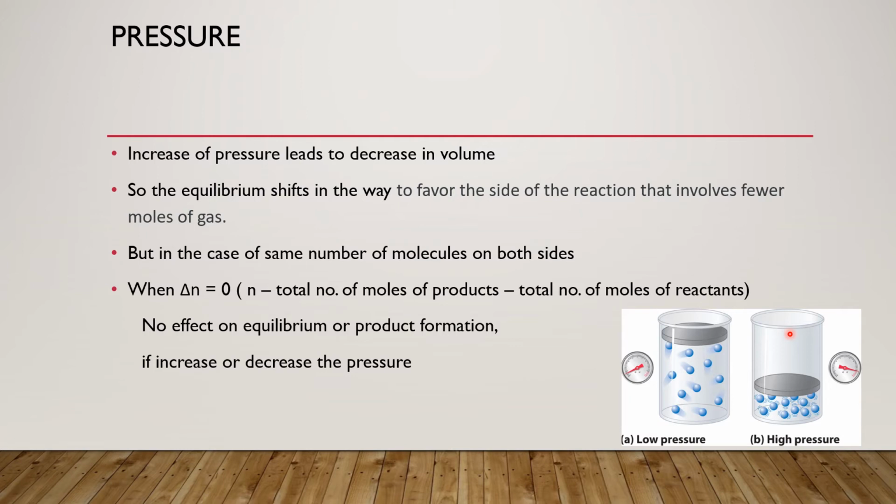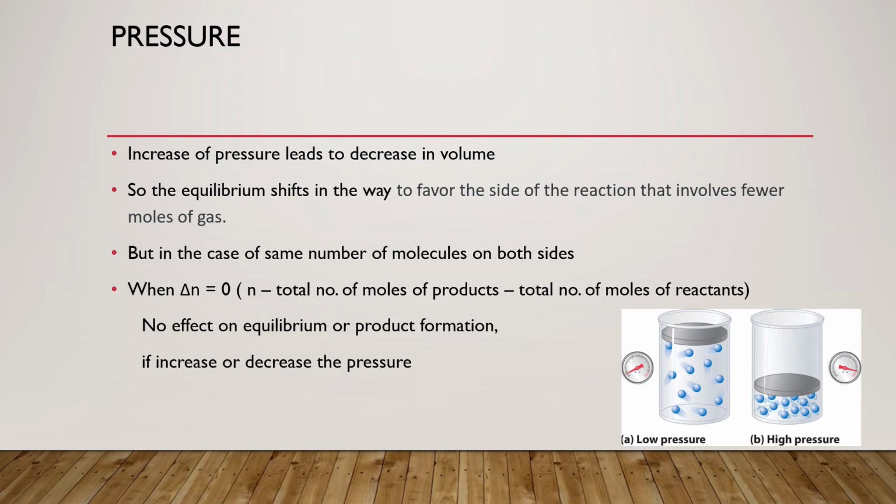There is no effect on product formation. The delta n, which is the total number of products minus the total number of reactants, is 0. So the equilibrium will not shift. It maintains the equilibrium.